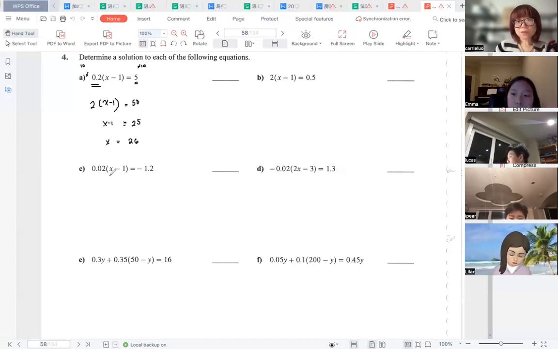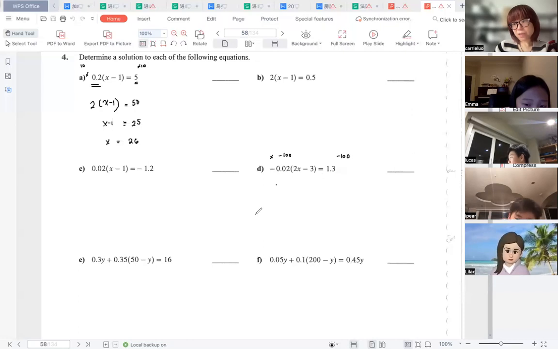So 0.02. So let's do this one, okay? This one's harder because you have the negative. So how can I do it? I'm going to times 100, negative 100 for both left side and right side. Okay, so this one equals 2 times 2x minus 3 equals negative 1.3 times 100 equals negative 130.